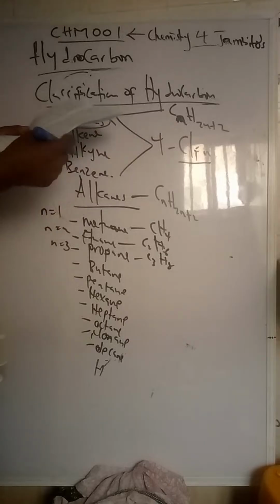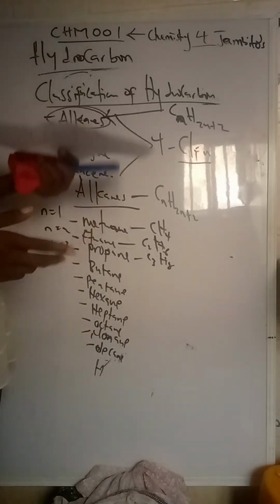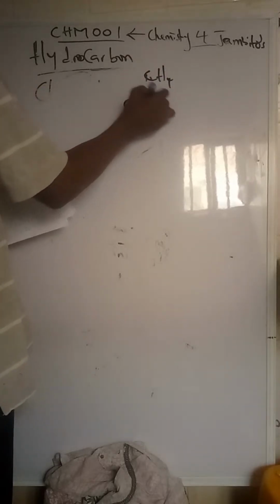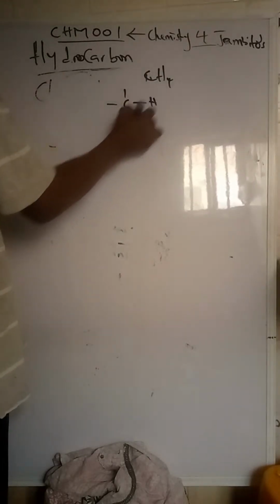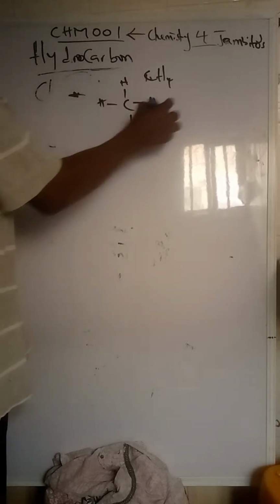Now, for instance, let us consider the structures of methane, ethane, and pentane. To save time, you do the remaining structures yourself. I've given the examples. For instance, methane, you know that methane is CH4, that's this, and H, and H, and H. Now, this is for methane.